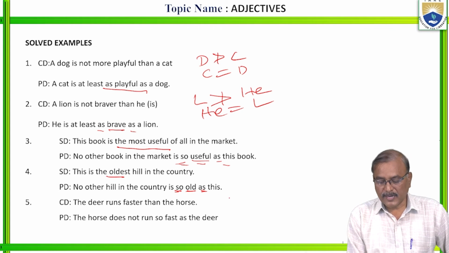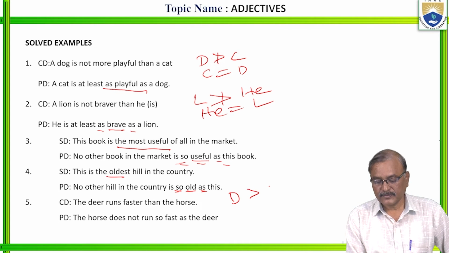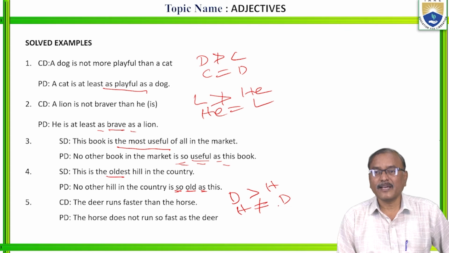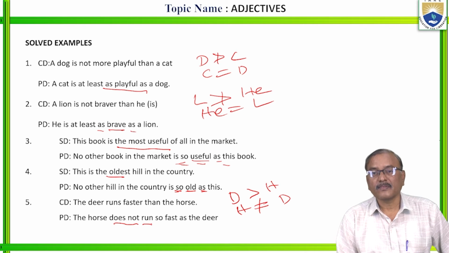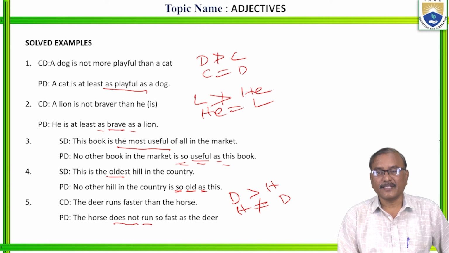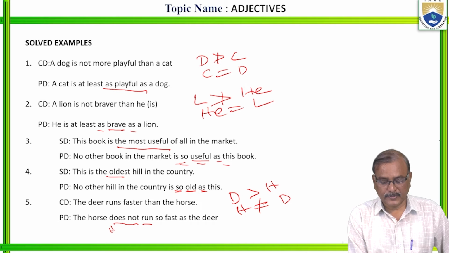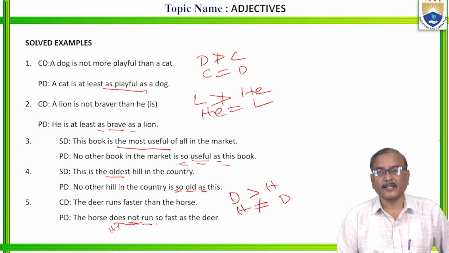Here, the deer runs faster than the horse. It means the horse is not equal to the deer. Do you accept? Yes. So, the horse does not run. In the negative sentence, you have to keep the helping verb, and then not, then run.